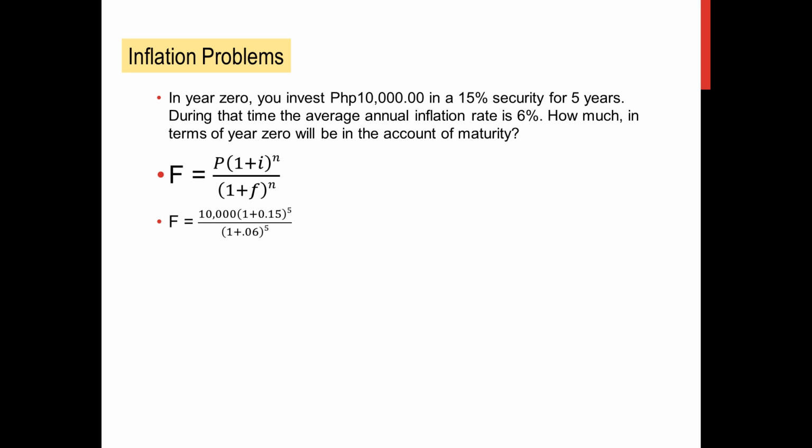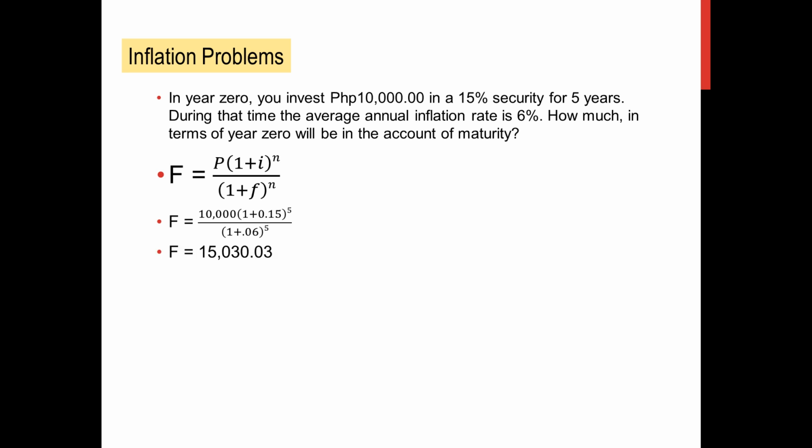The present worth is 10,000, the inflation rate is 6%, and the interest rate is 0.15 or 15%, with a number of periods of 5.